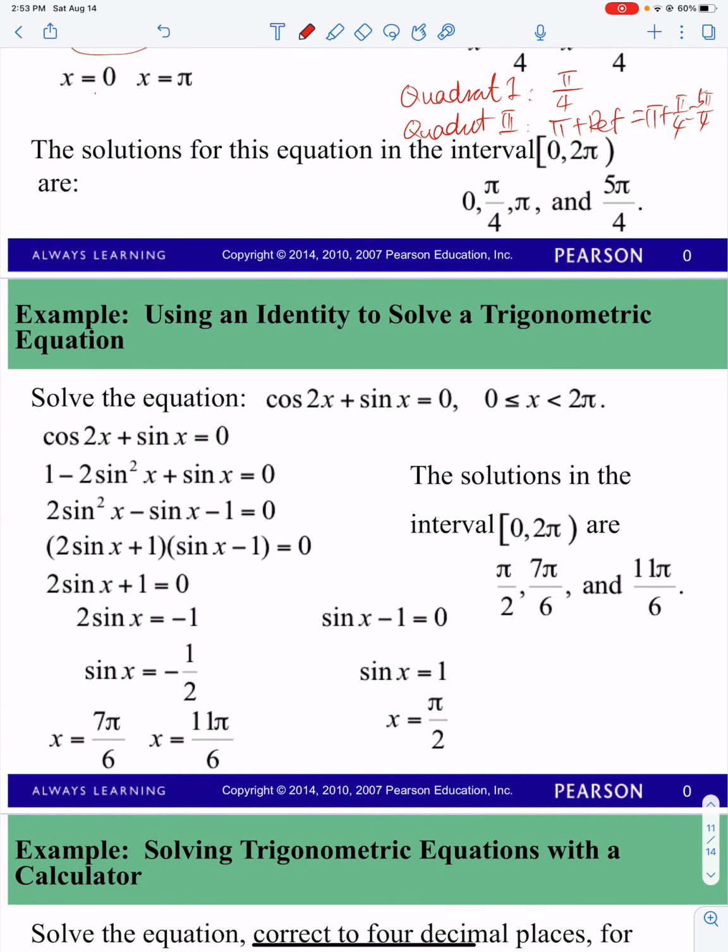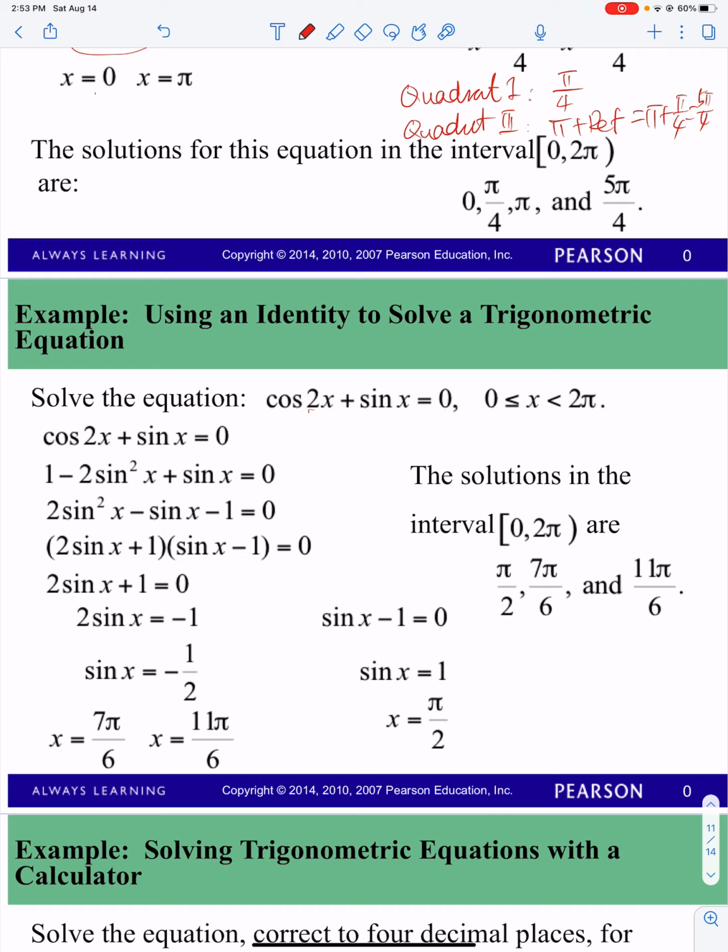So the next one is using an identity to solve a trigonometric equation, like cosine 2x plus sine x equals 0. This is a little bit tricky, because you can never add cosine with sine together. So what should we do? You want to keep only cosine, or only sine?